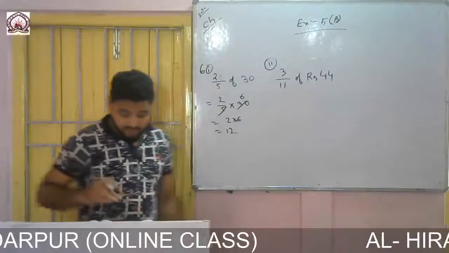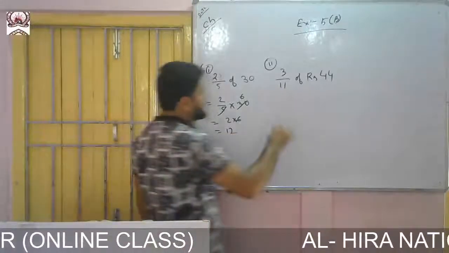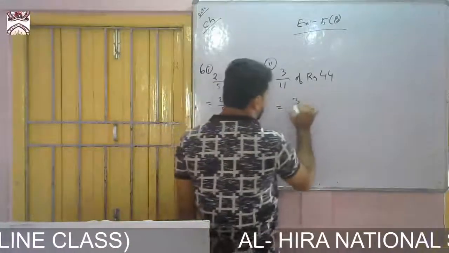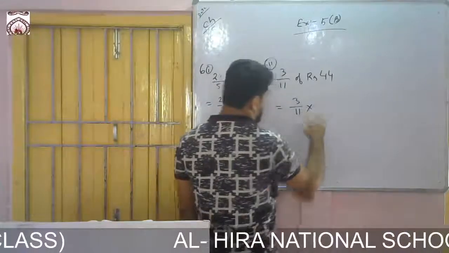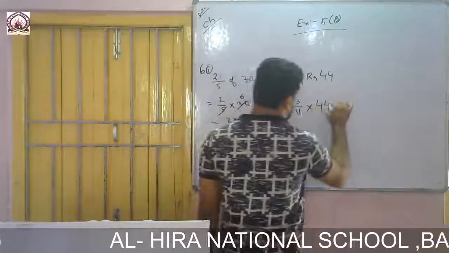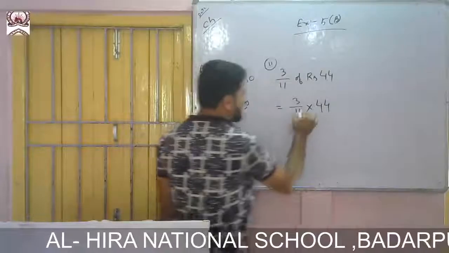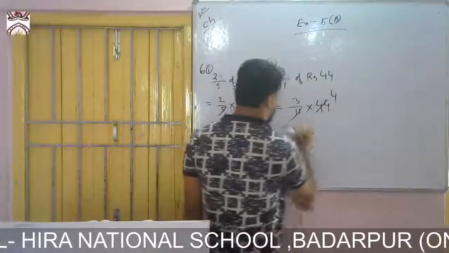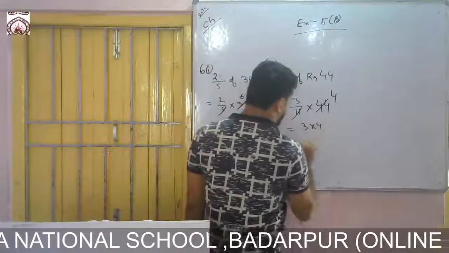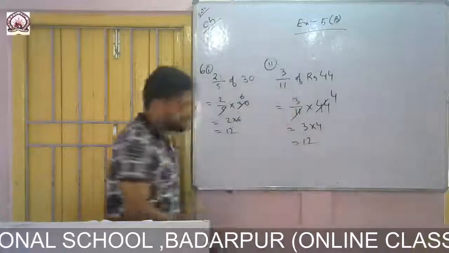So you see what? 3 by 11 into 44. Okay. So 11 4 ja 44. So 3 into 4, it is what? 12.